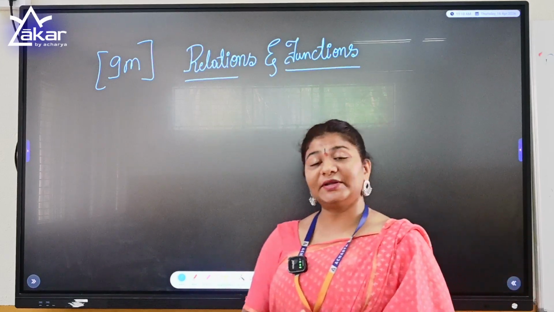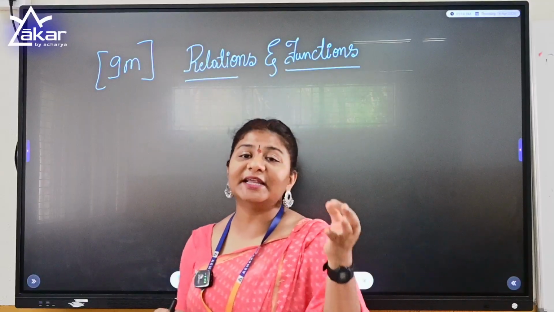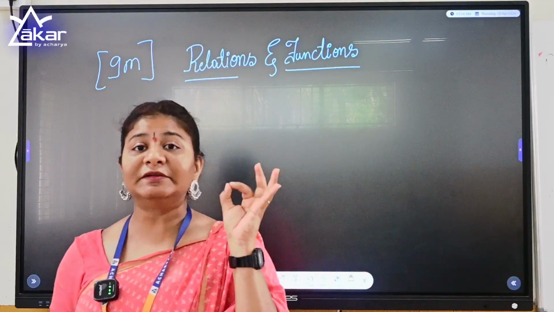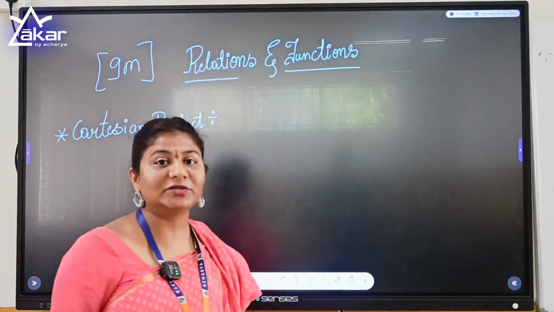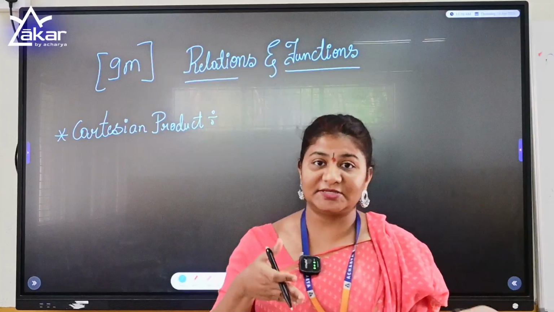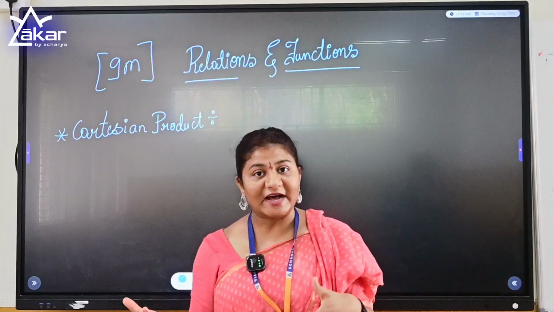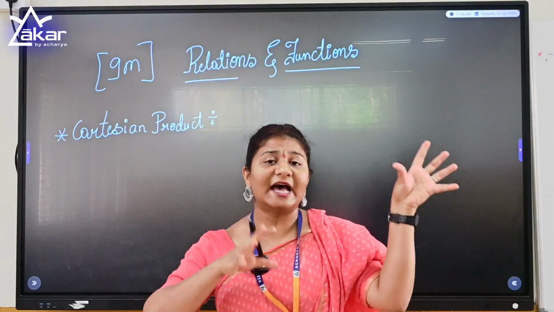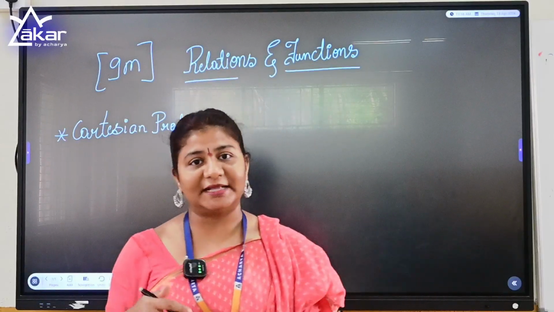So in relation, what happens? In relation we have been learning the most important word called Cartesian product. We have learnt about general relations like father and mother, sister and brother, son and mother, daughter and father. Then how is it related in mathematics?